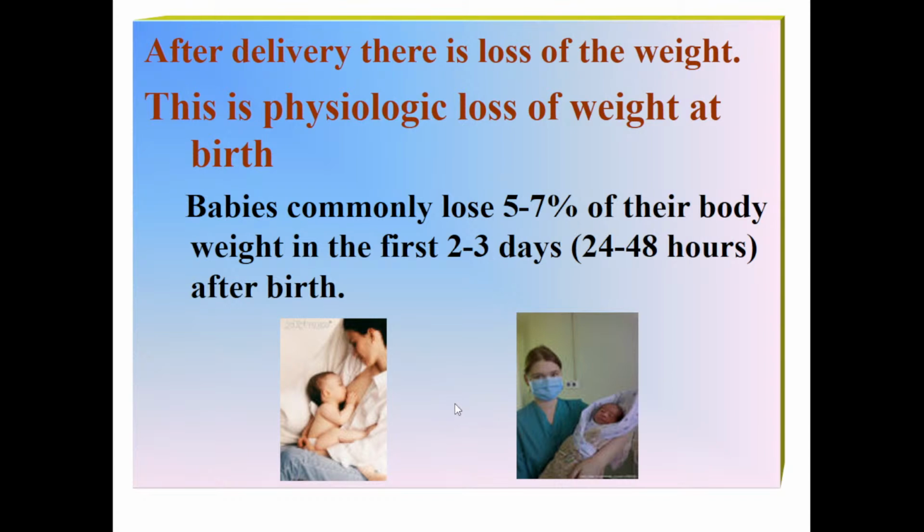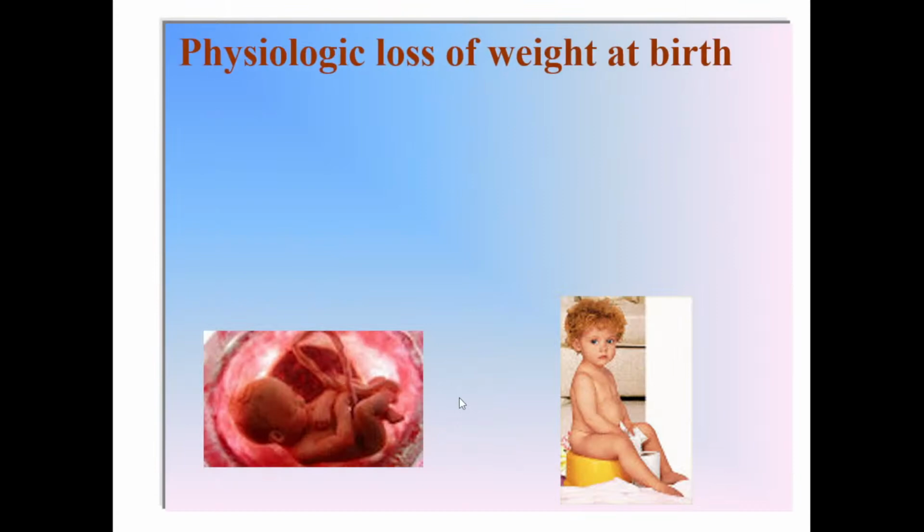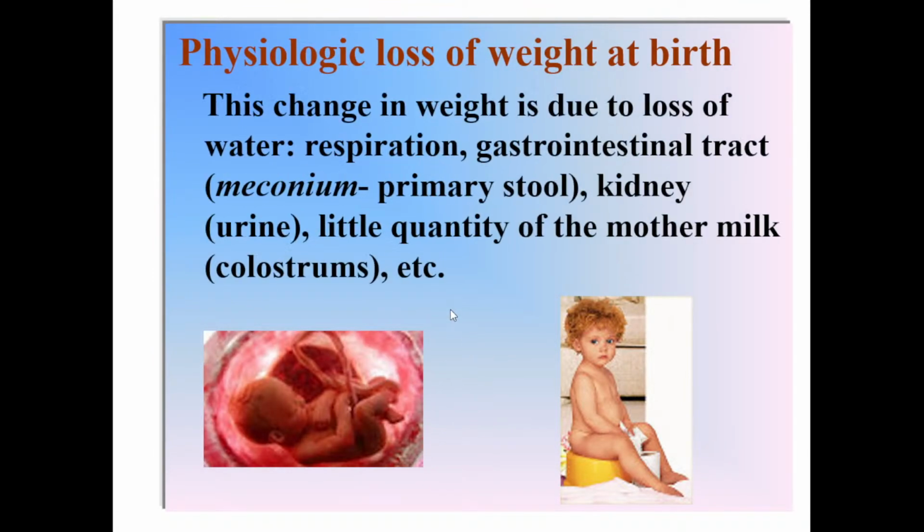In other periods it's a pathological situation. Once more: respiration, gastrointestinal tract, meconium, primary stool, kidney, urine, and a little quantity of mother's milk, only colostrum. This is the main reason of physiological loss of weight at birth.